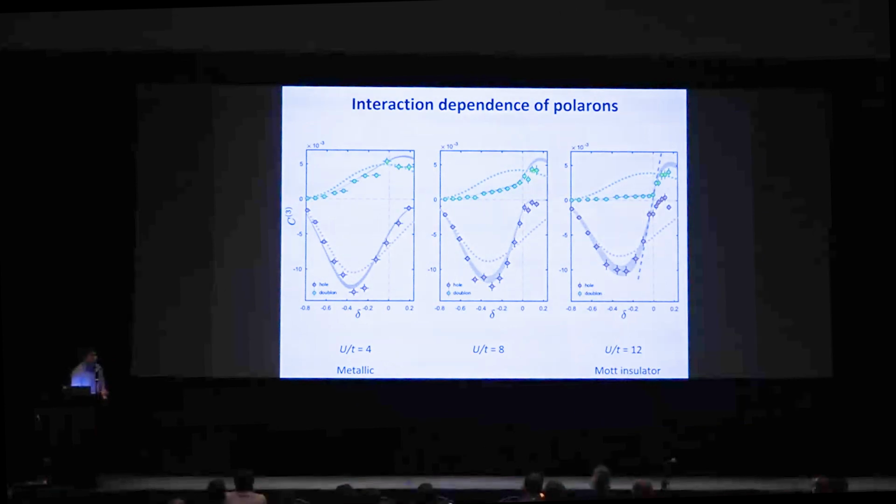Okay, so we can study these hole versus doublon interactions. So here I'll just make a few quick comments about this. All the theory I explained works really well in the limit of large interactions in the Mott insulator. So in that regime, we find that as we dope the system away from half filling, initially we have a dilute gas of polarons. We have a few holes in the system.